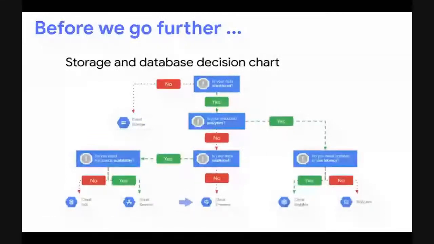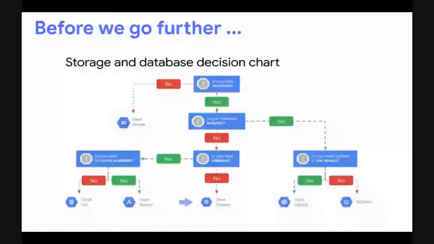But before we go further in our way to discover all those products, let's explore this decision tree, which will help us identify the solution that best fits our application. Let's walk through this together. So, the first question you should ask yourself is, is your data structured?